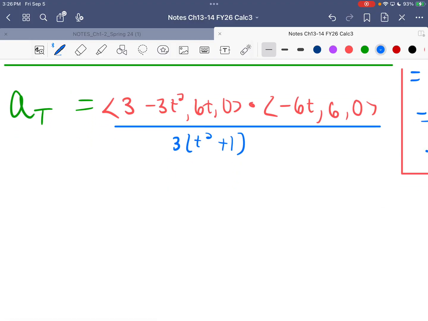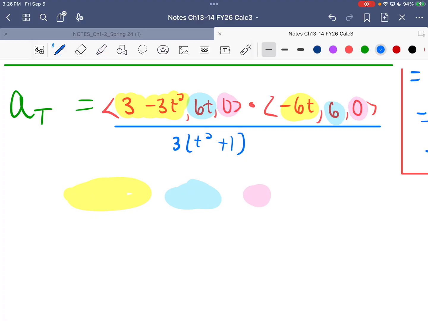Okay, so this is why we had to do chapter 13 first, because we need to know how to do the dot product, and we need to know how to do the cross product, and we need to know how to do the magnitude. So here we go. Dot product. We're multiplying the I components together, the J components together, plus, and then plus K get multiplied.